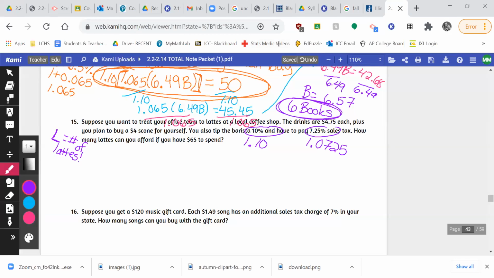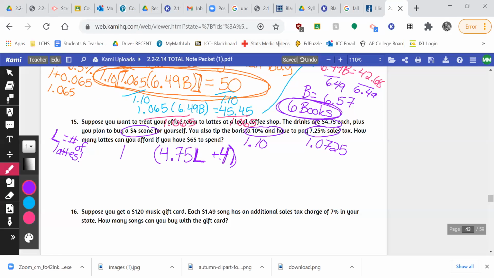On the inside, I'm going to have my $4 scone and the $4.75 for each drink. Just like each book was $6.49, each drink is $4.75, so that will be multiplied with my variable. I also have a scone that's being purchased for $4, so that will go on the most inside part.